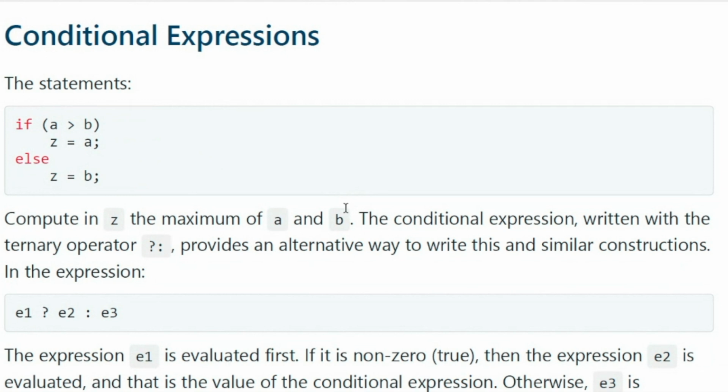Conditional expression. Okay, often we have a statement. Say we're comparing A with B, and if A is greater than B, we return this A, otherwise we return this B, right? So again, there is some condition in between, and depending on whether the condition is true or false, you will have 2 branches. So here is a more condensed way to express this.